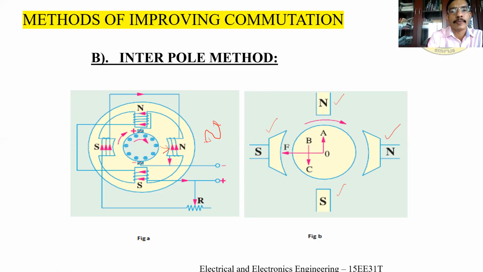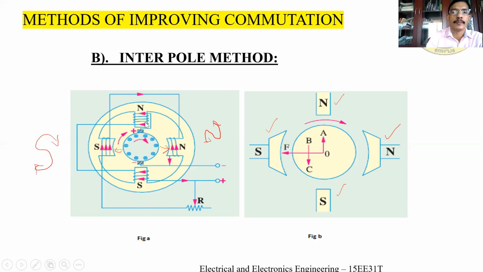In this case, when viewed from this side, if current flows clockwise, then it is a south pole, like this. You have to remember that if the current direction changes, the polarity also changes. How an electromagnet becomes a north pole or a south pole depends on the current in the winding.